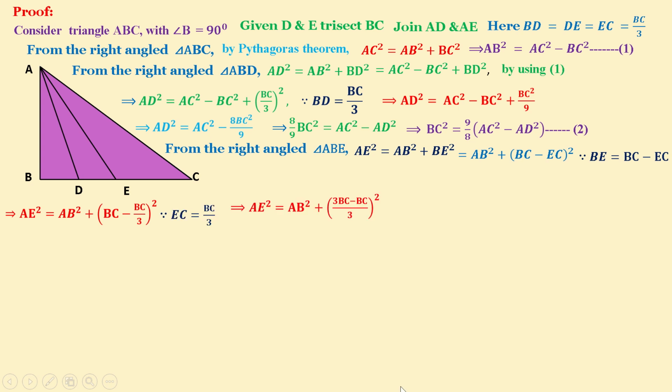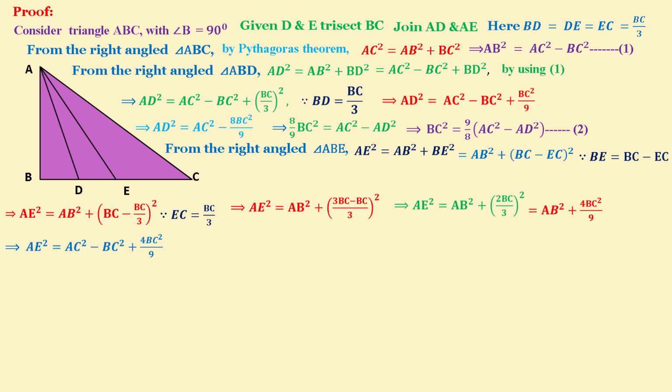So AE square is equal to AB square plus, taking LCM, 3BC minus BC by 3, the whole square. This implies AE square is equal to AB square plus 3 minus 1, 2 BC by 3, the whole square. Squaring numerator and denominator separately, AB square plus 4 BC square by 9.